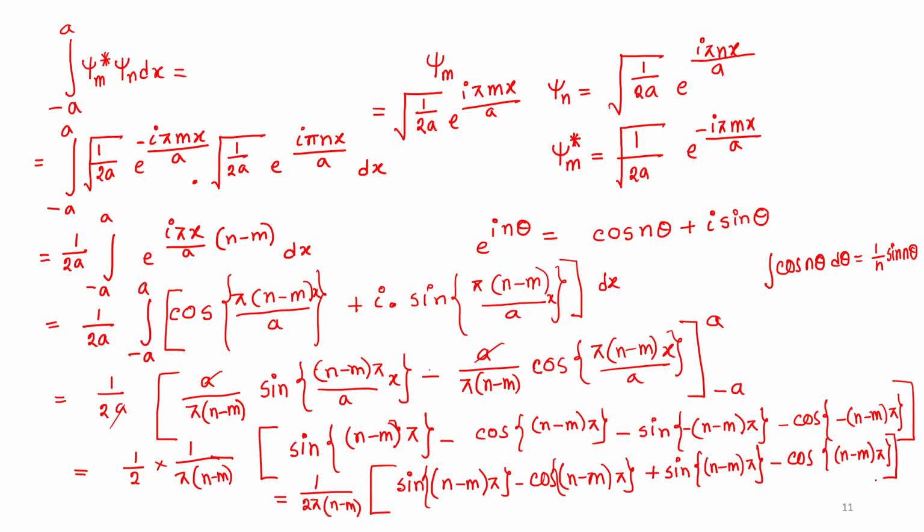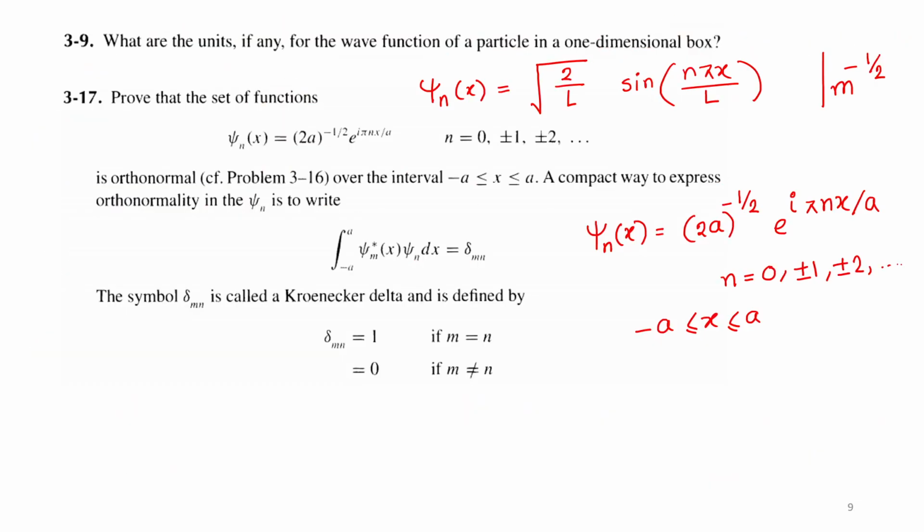Okay. Now see, we had that n or m would be 0, plus minus 1, plus minus 2. We had these conditions here.